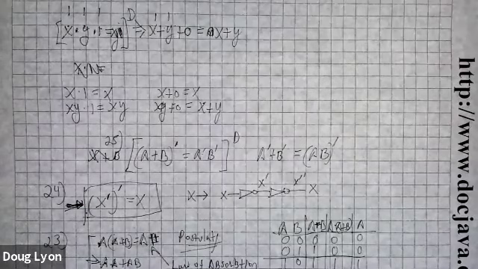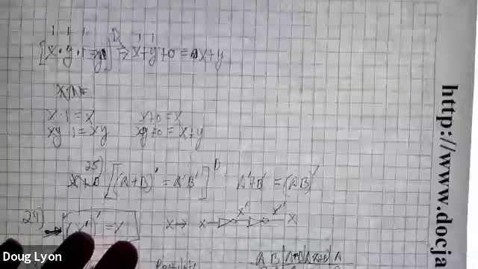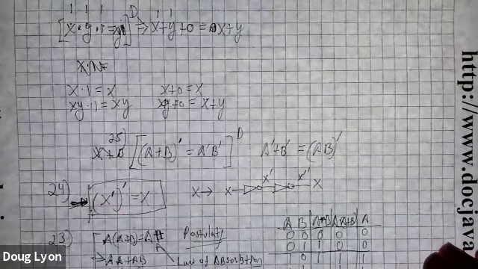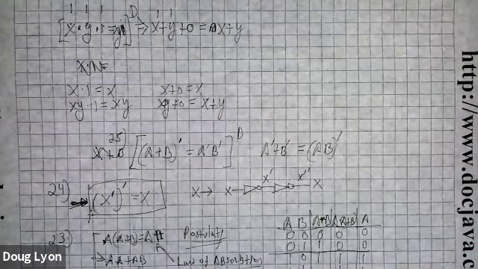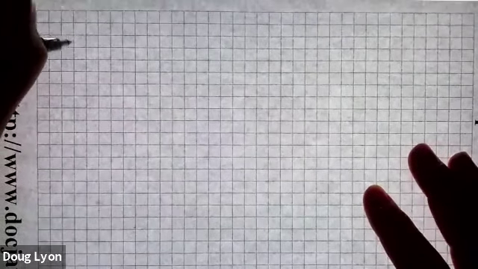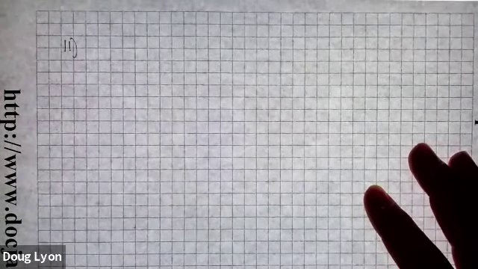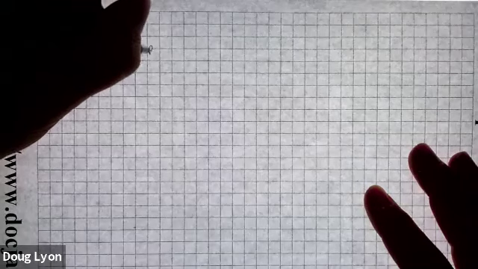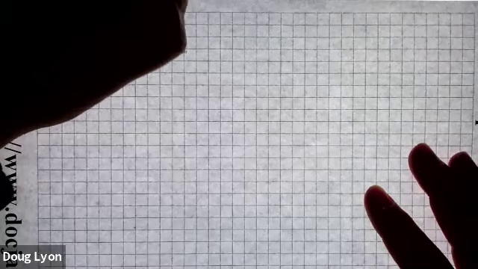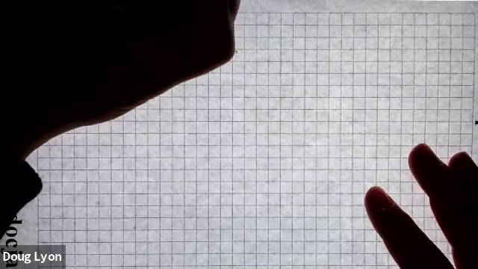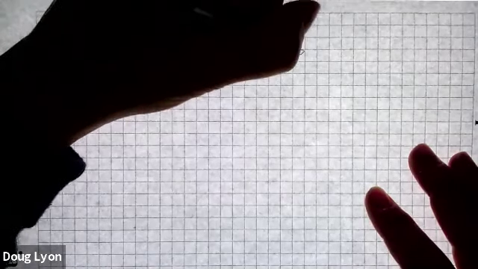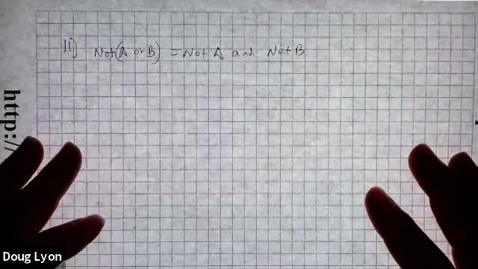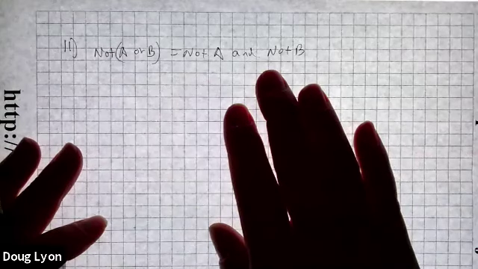Multiple choice, what is this? I'm going to get a fresh piece of paper because I think that just makes things neater. So number 11 says not (A or B) equals not A and not B. How do I rewrite this in terms of the Boolean algebraic notation we already know?